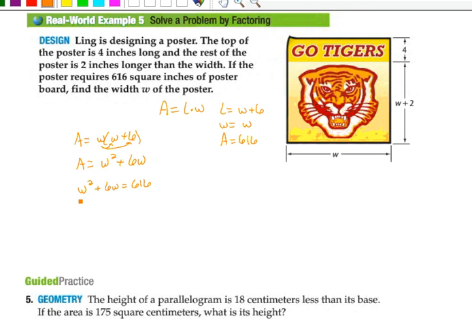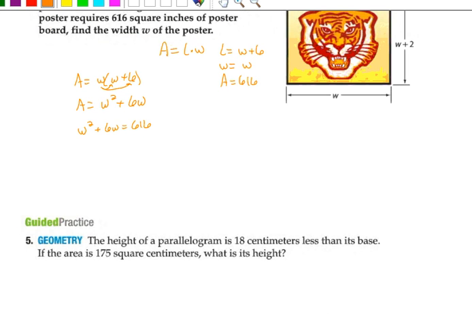Okay, so now this is starting to look like what we already know. Looks like we are solving a quadratic equation. Let's go back to our rules. Rule or step number 1, we're supposed to set this equal to 0. So it looks like I'm going to have to subtract 616 from each side. I have W squared plus 6W minus 616 equals 0.